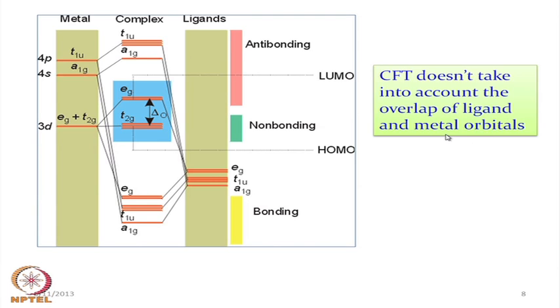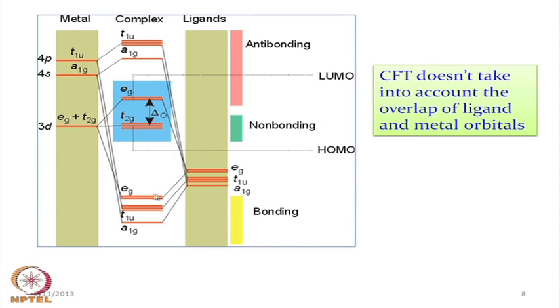This is the principal drawback of this theory, where we are not talking in terms of the overlap of ligand and metal, but this is not the true and most realistic picture, because we should have the metal and the ligand overlap, and the ligand orbitals, particularly these 6 orbitals from the ligand side, which function as bonding orbitals.